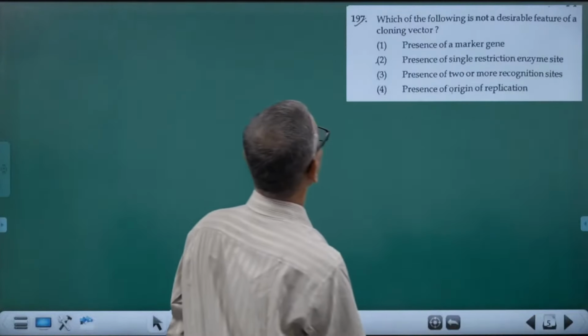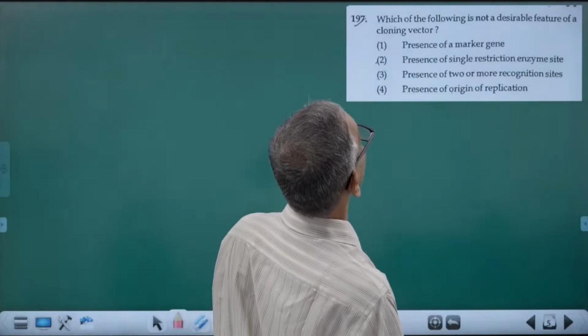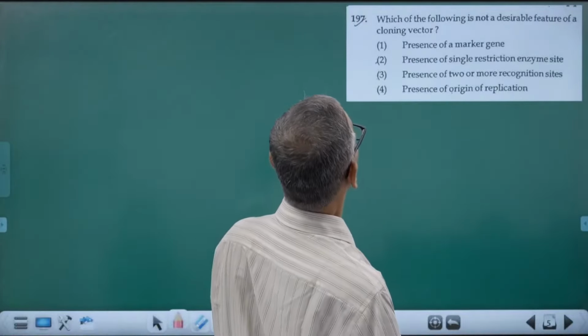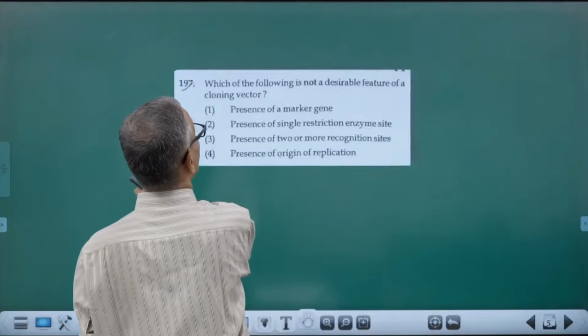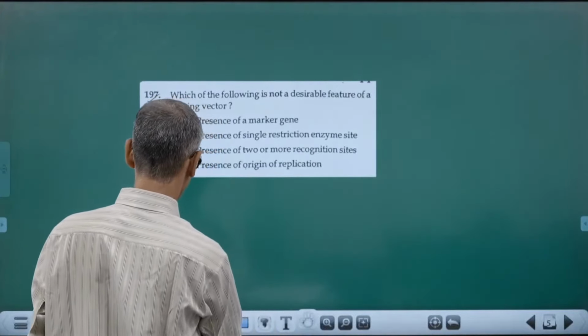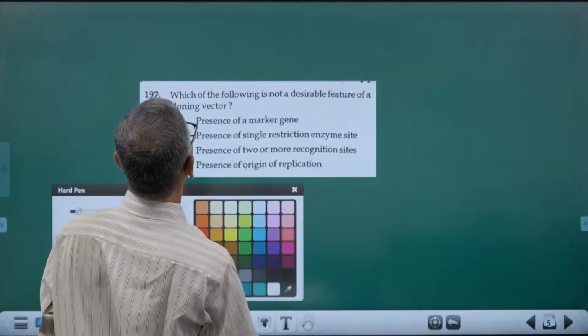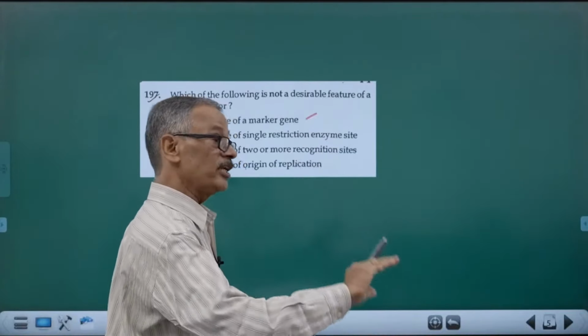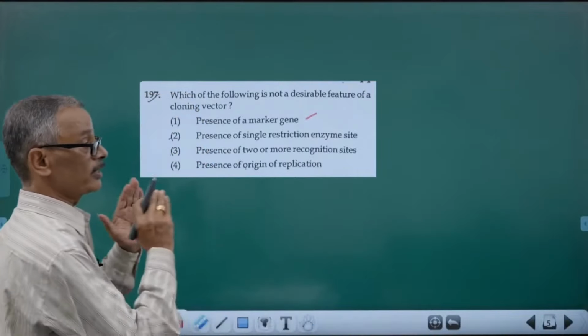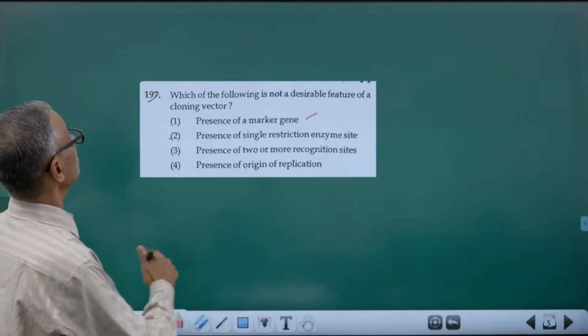Which of the following is not a desirable feature of a cloning vector? See, a cloning vector should have some qualities. What are these qualities? One, presence of a marker gene that helps you to selectively select the transformant, the recombinant one.